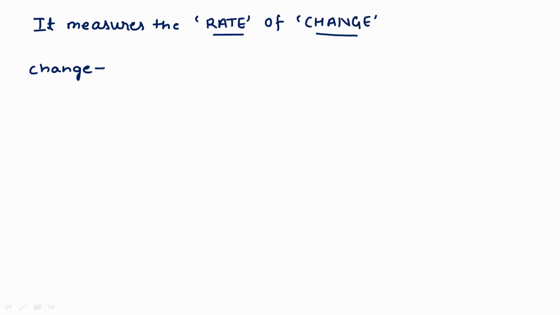Now I have already mentioned that quantities are of two types. First is constant and second is variable.